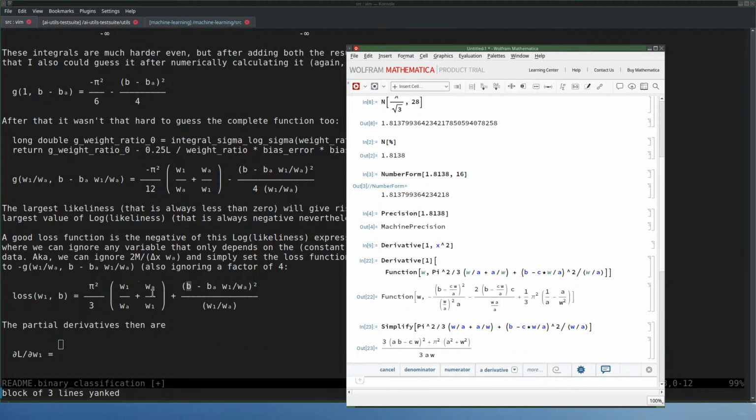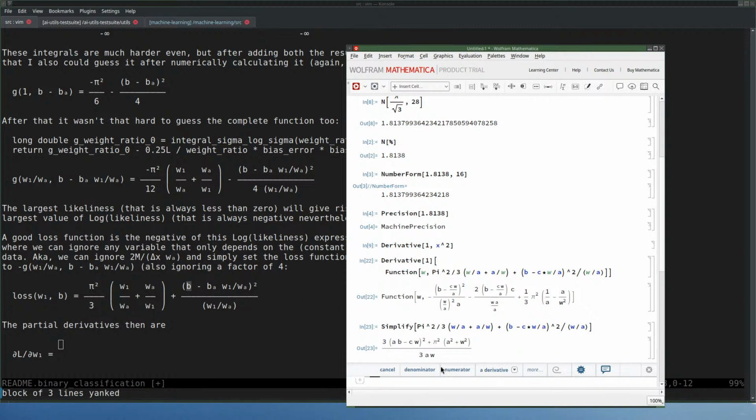If you multiply this top and bottom with WA, you get WA squared divided by the two W's. And here top and bottom with W1. So you end up with W1 squared plus WA squared divided by WA times W1, and the 3 still stays. So that would be the last one: pi squared, a squared plus w squared divided by a times w, and divided by the 3.